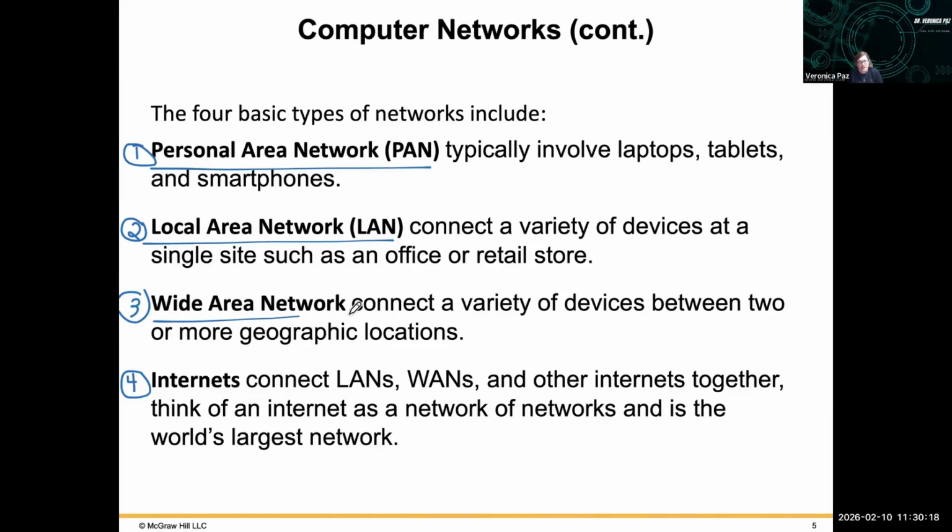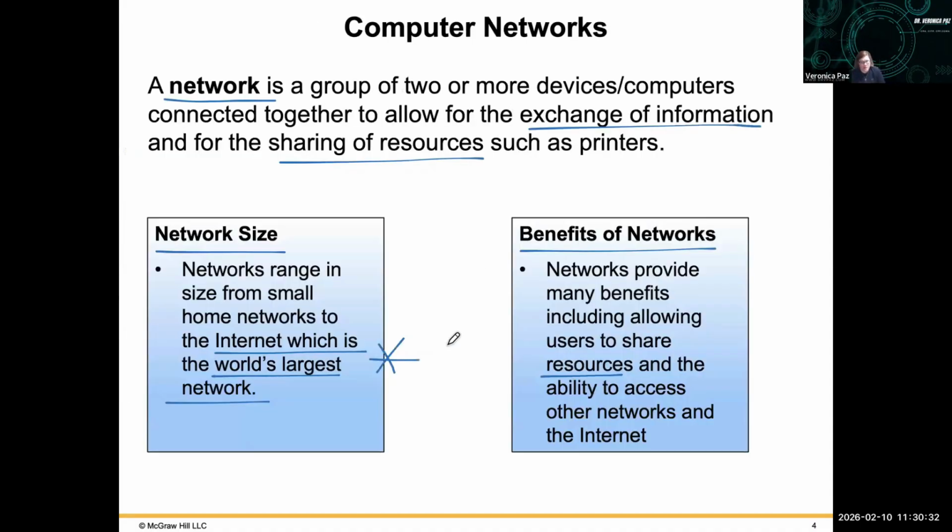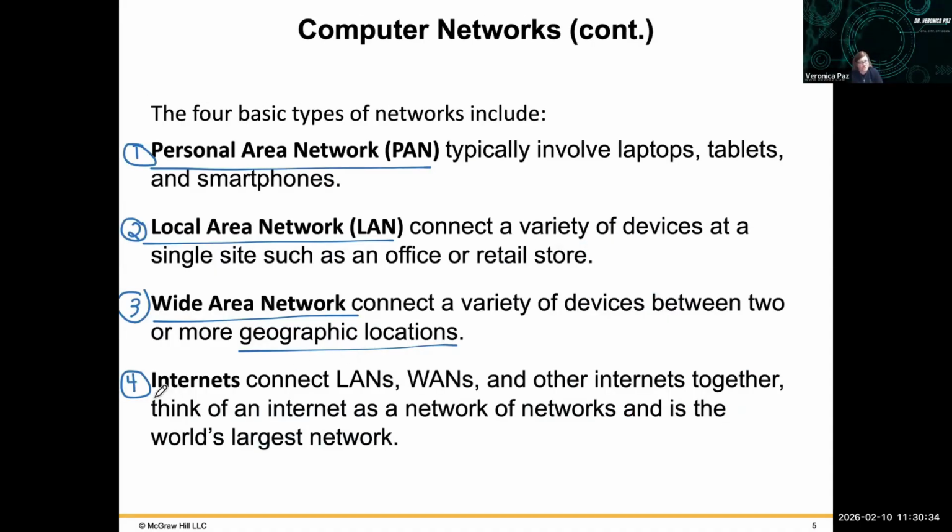Then you have a wide area network, which you might have across two geographic locations. As a CFO, for example, we had a wide area network because we had different networks in certain distribution areas of the country to help all of our salespeople connect to the data. Then we have internets, which connect all of these. So we have local area networks, wide area networks, and any other internets. They all work together, and it's basically a network of networks. And like we said, the internet is the world's largest network.